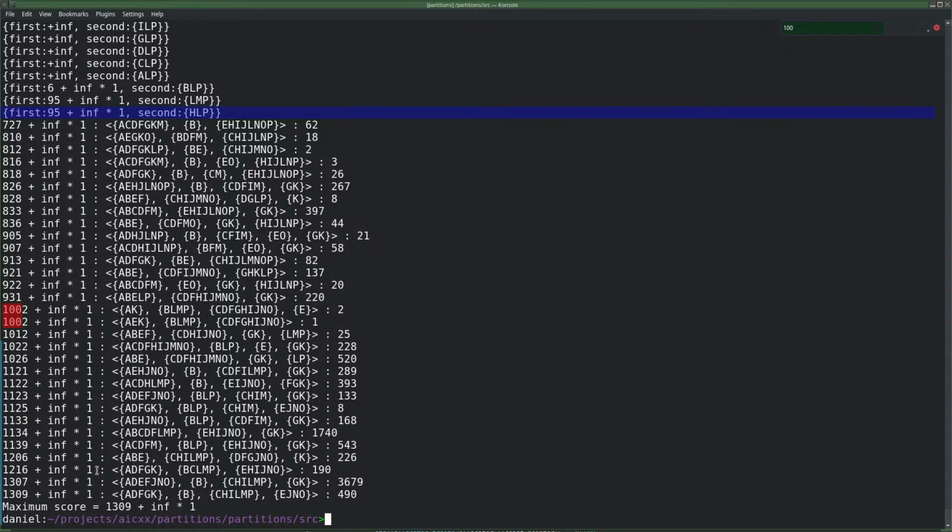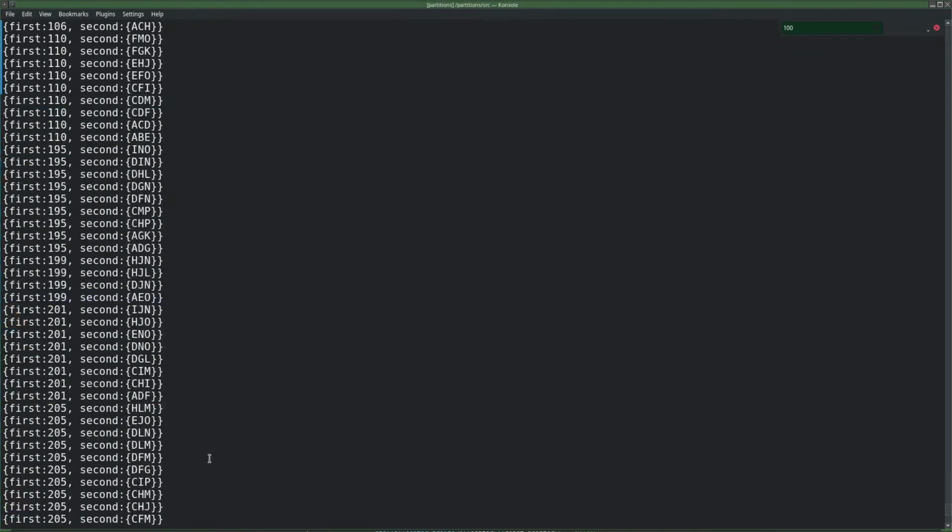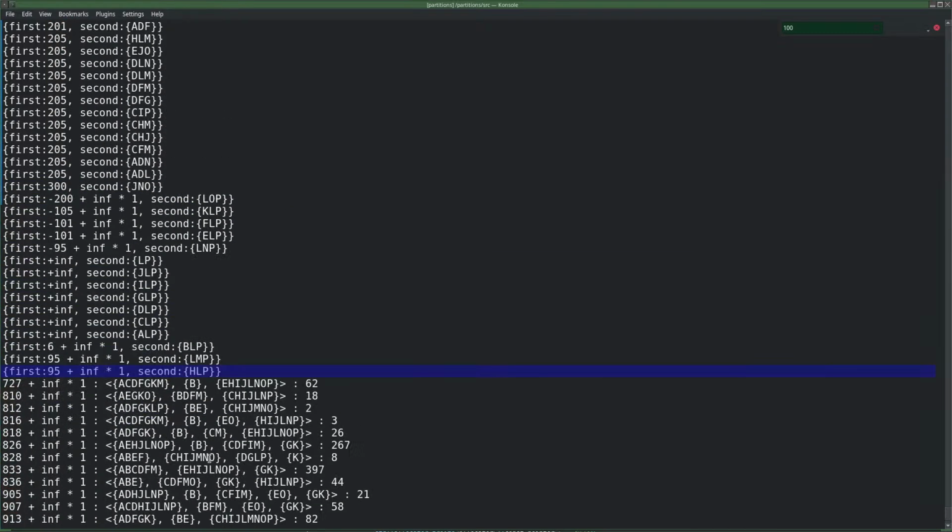So what we're going to do now is that for a local maximum like this one, I'm going to run over the scores starting at the end here, the highest scores.